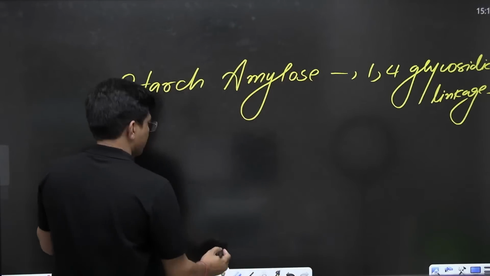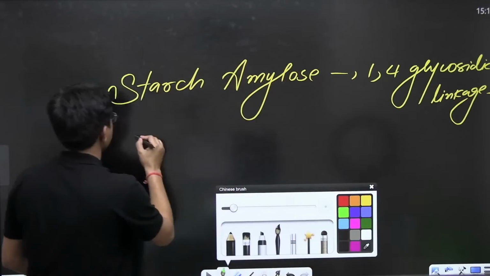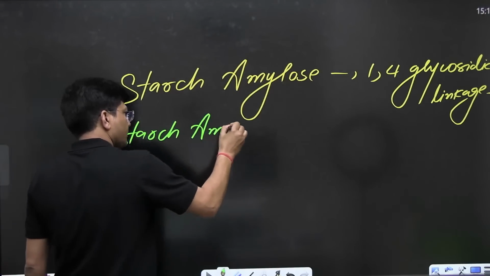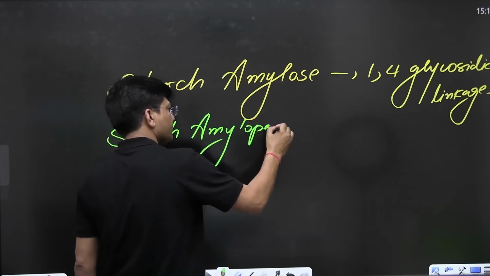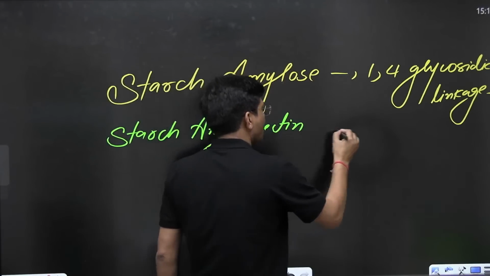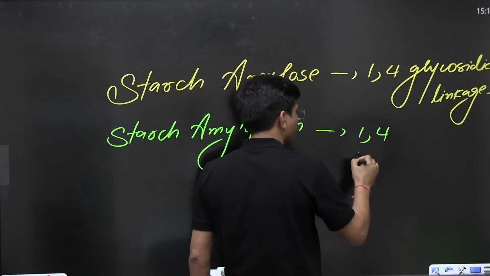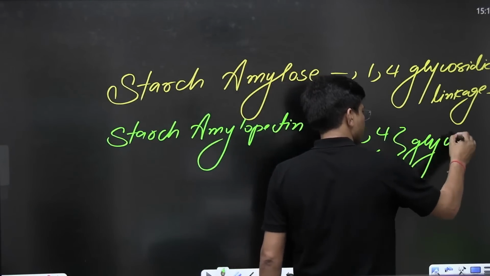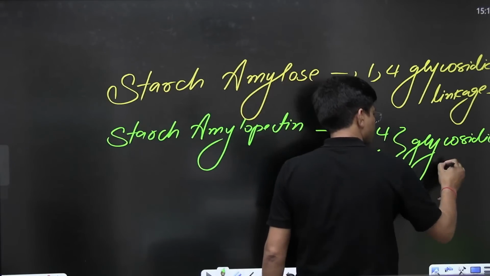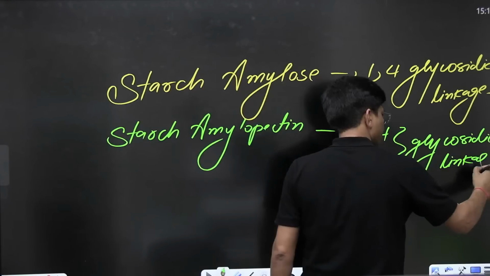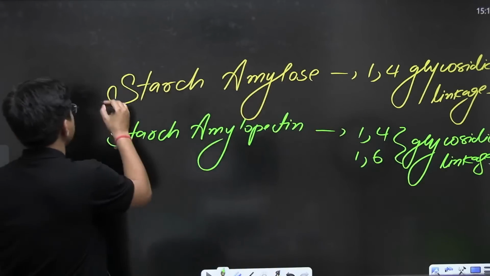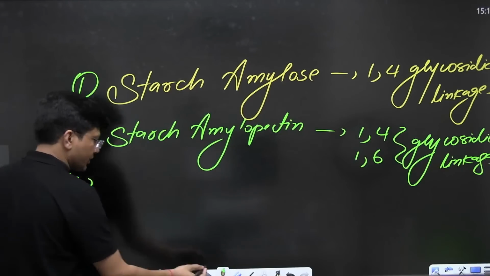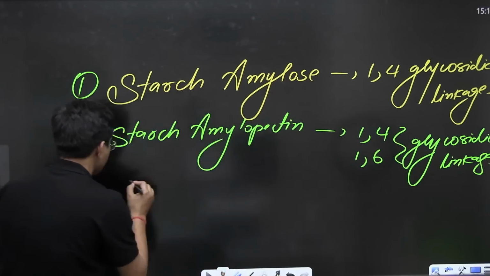If I talk about starch amylopectin, along with 1,4, there is 1,6-glycosidic linkage also. Now, the third structure is glycogen.